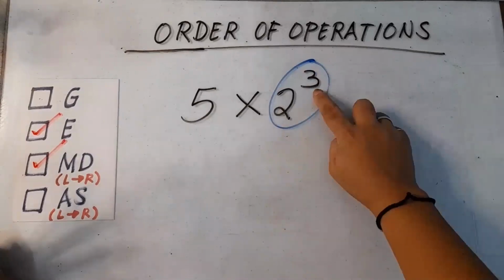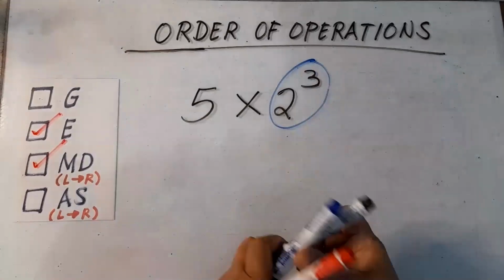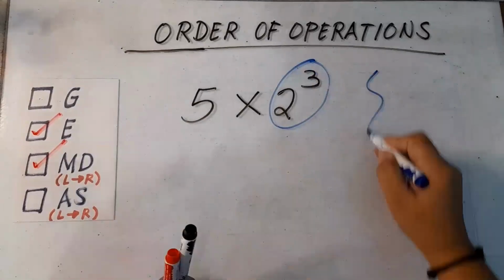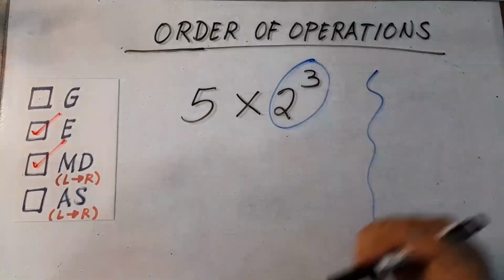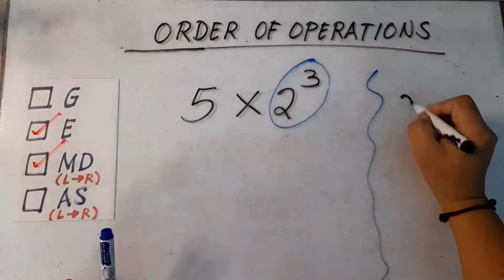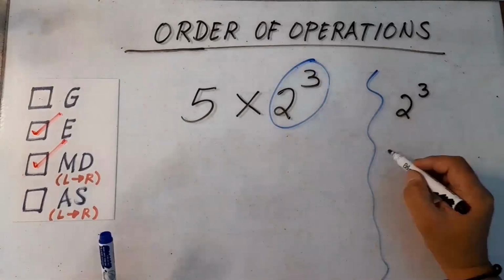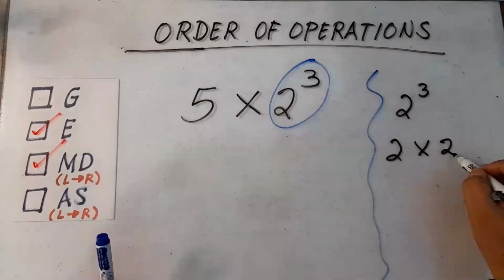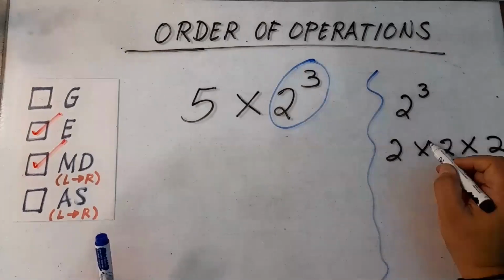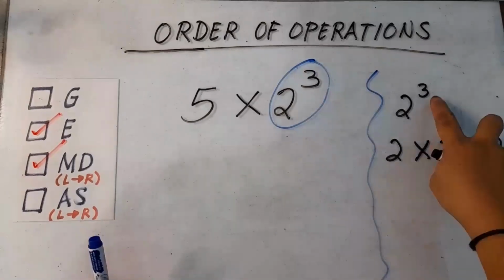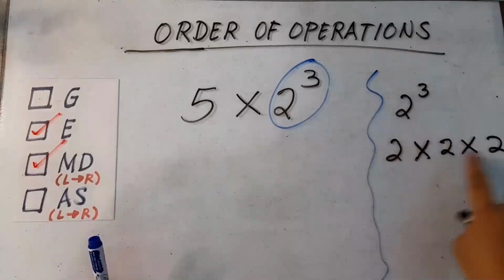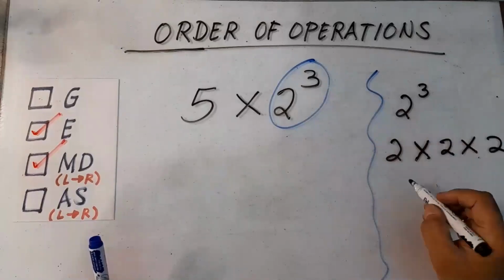And how many times will we use 2 in that multiplication? 3 beses. So, that means, okay, we have 2 raised to 3. That means we have 2 times 2 times 2. Okay? So, tatlong 2. So, 2 times 2 times 2, that would be 8.